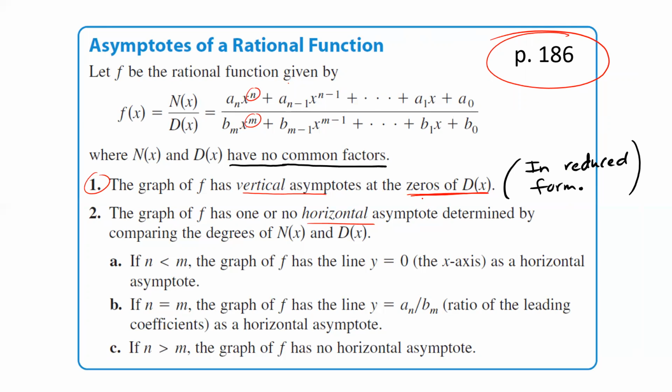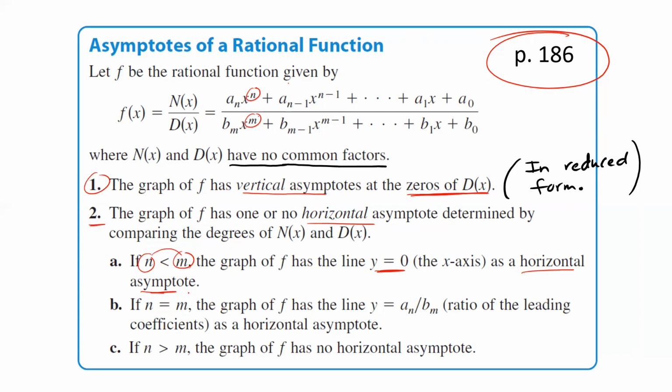Number 2 is kind of weird. Sometimes there is no horizontal asymptote, and sometimes there is, depending on what's happening here. We'll practice with it as well. If n is less than m, if the degree on top is smaller than the degree on the bottom, you have y equals 0, and that is your horizontal asymptote.